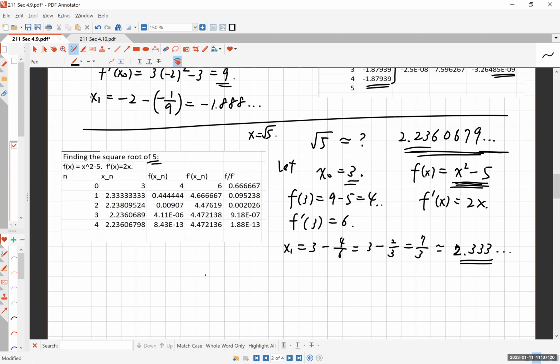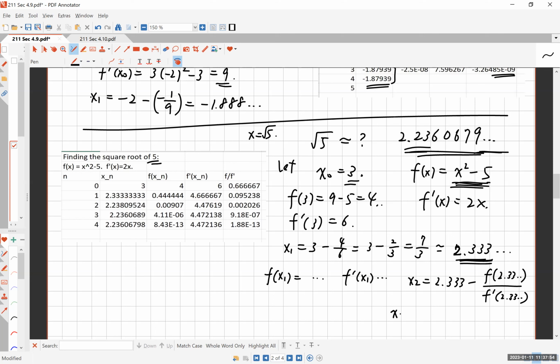And then x2. Maybe you can write here f of x1. This is going to be a little complicated because you have to square this and subtract 5 from that, and then find the derivative at this. x2 will be 2.333 minus f of 2.333 divided by the derivative at 2.333.